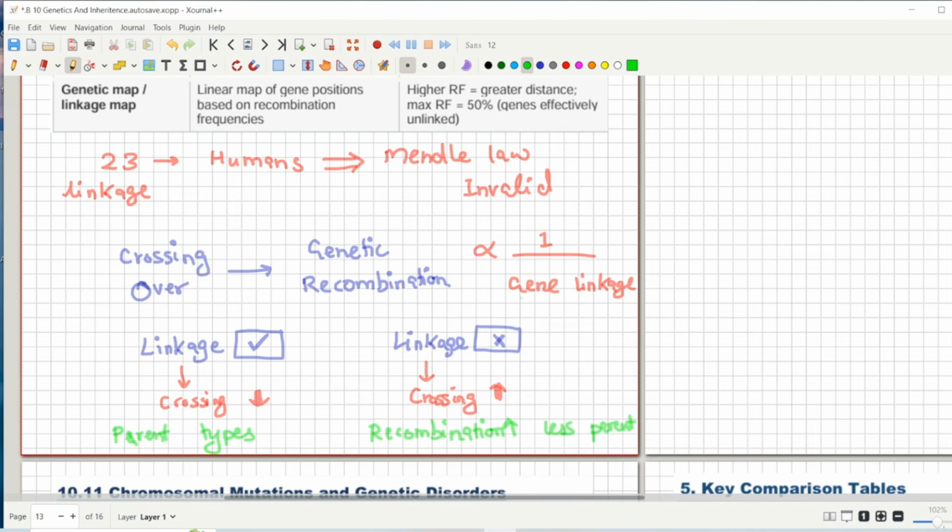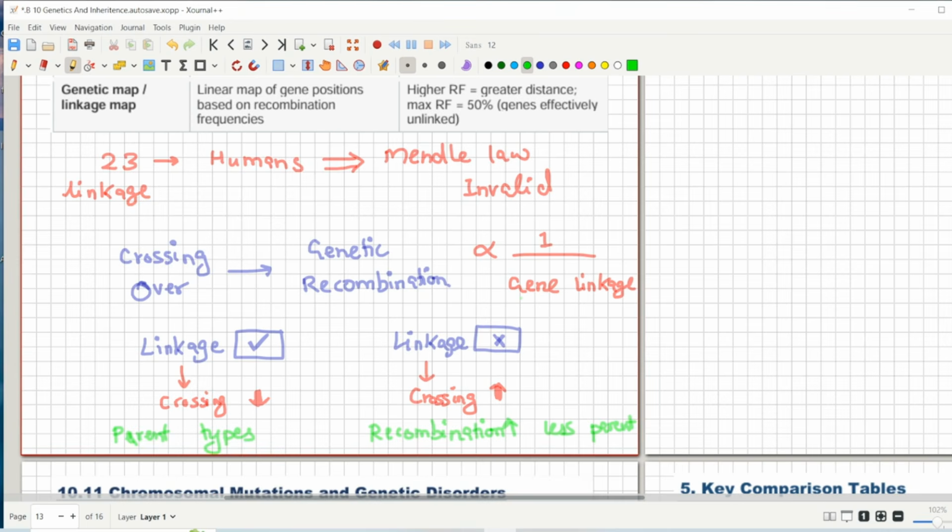So this is the thing that you have to keep in mind. If there is gene linkage, there would be less crossing over, and the offspring or the kids would look just like their parents. But if there is no gene linkage, then there would be more crossing over, the offspring would have more recombination, and they would be less likely to be like their parents.